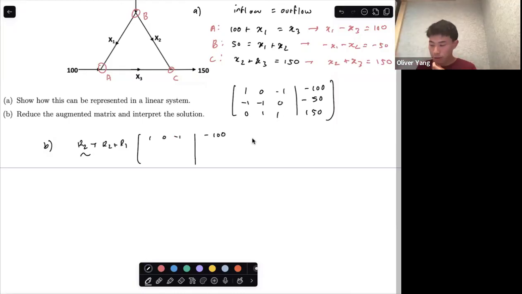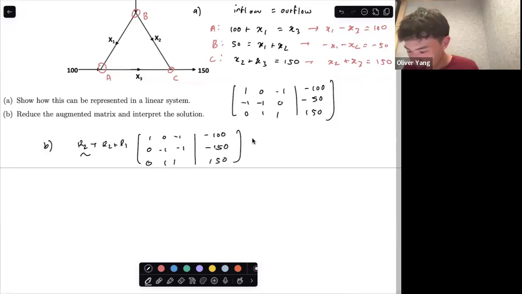Row 2 we're adding, so this will obviously be 0. This stays as -1. This is going to be -1 now because it's plus row 1, which is -1, and then this should become -150. And then we've got 0, 1, 1, 150, right?